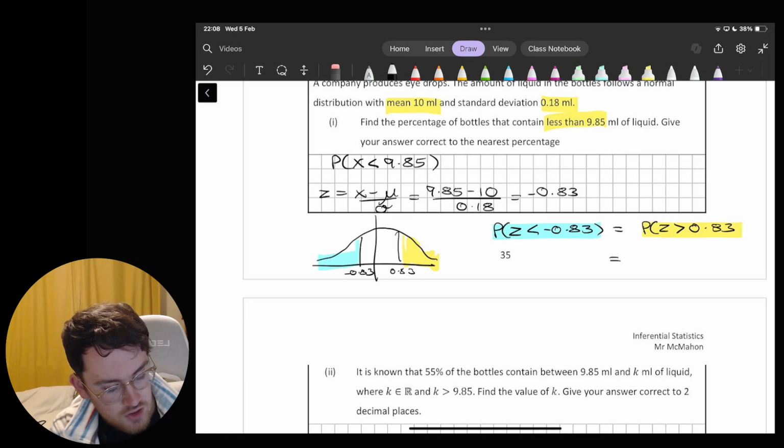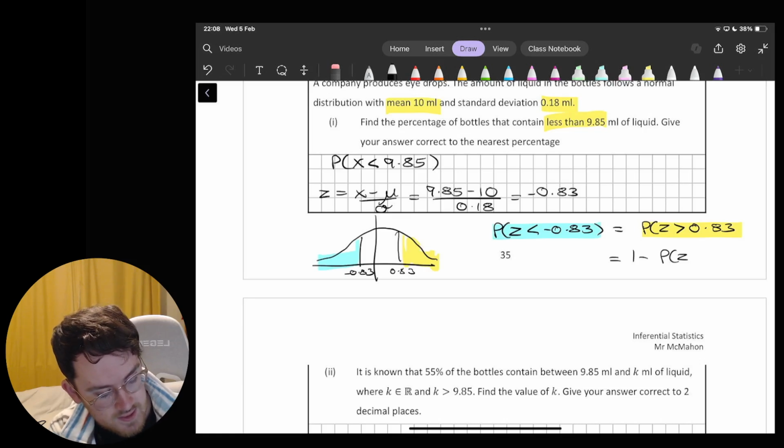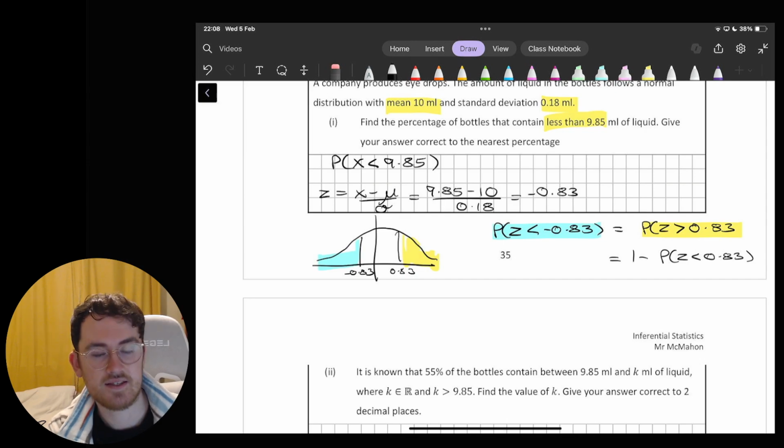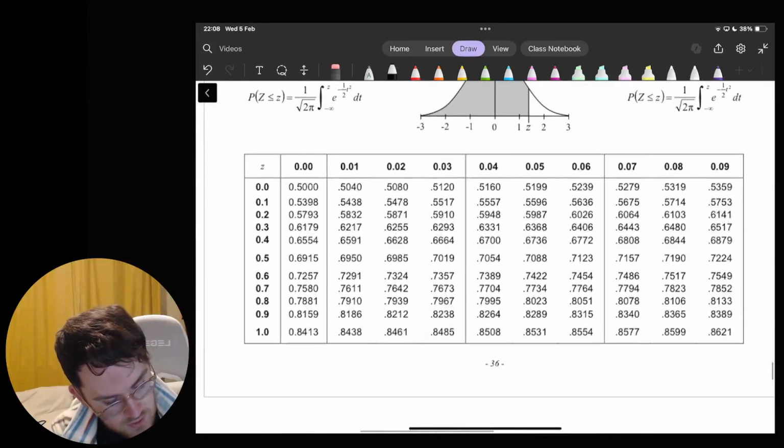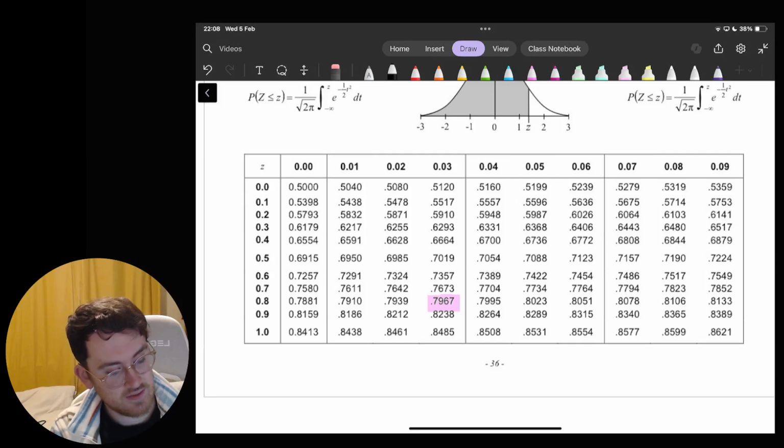And again, we should know from our work already that that's the same as 1 minus the probability of z being less than 0.83. We go to our formula and tables book, we go to the standard score table, we look for 0.83, which is 0.7967.